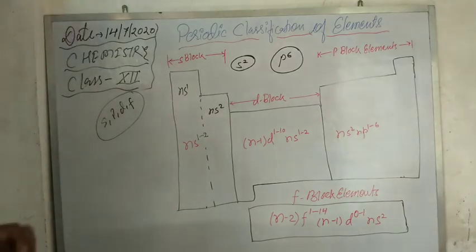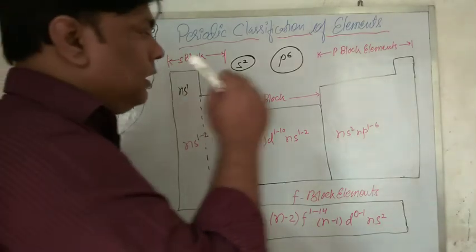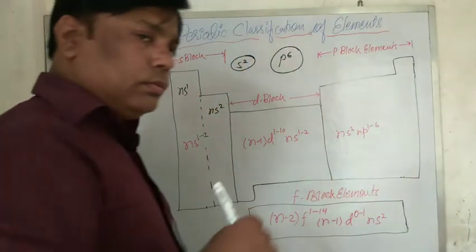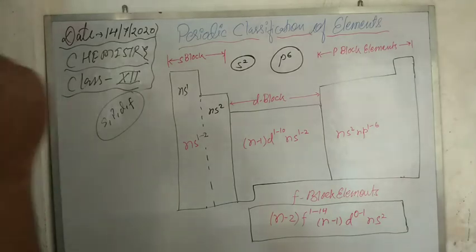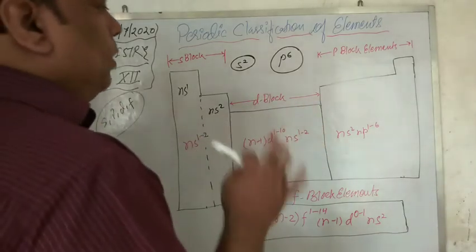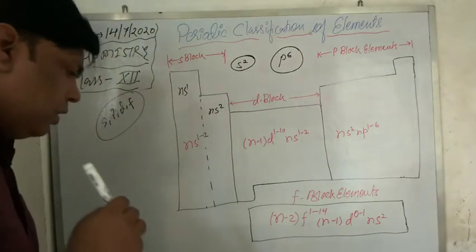What are the characteristics of P block elements? First, P block elements contain metals, non-metals and metalloids. Second, P block elements are mostly covalent in nature.